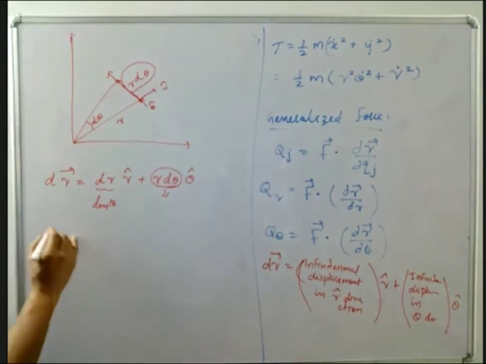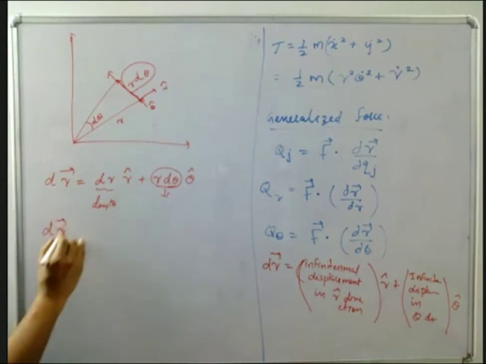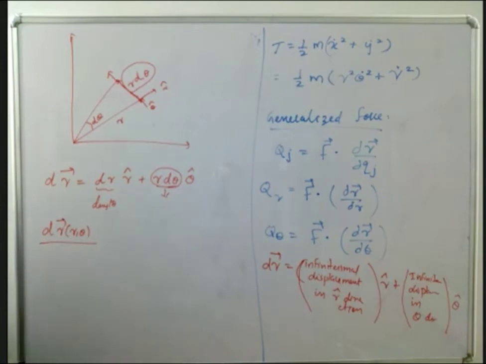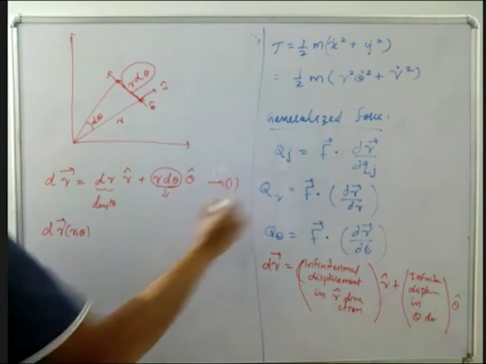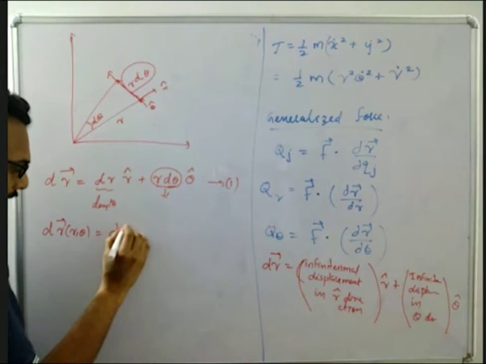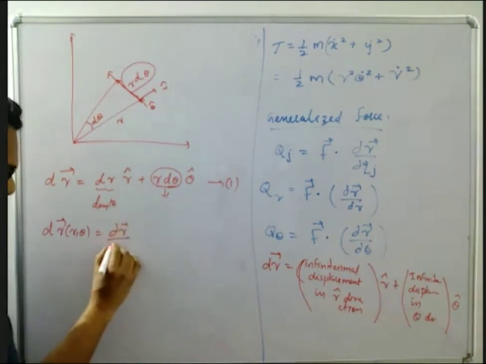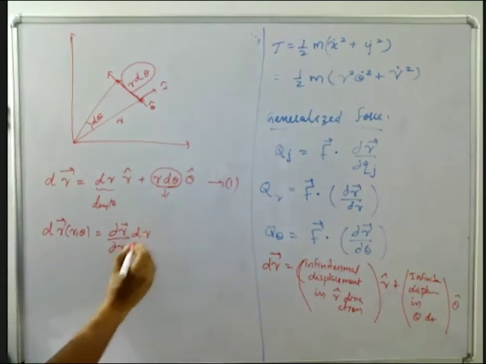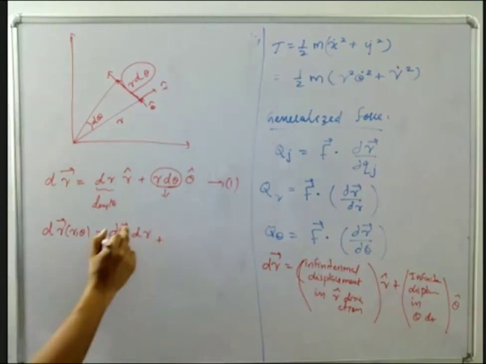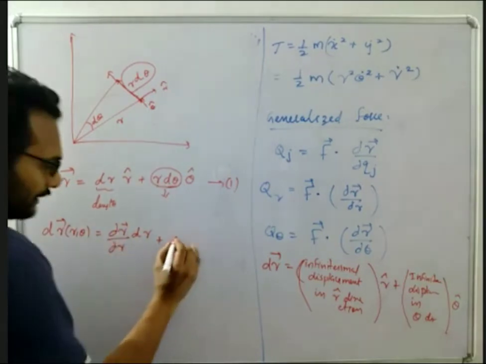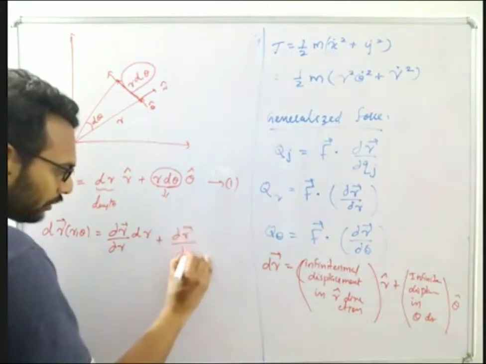Now we can also write this by the chain rule. Because r vector is a function of r and theta, we can write dr vector of r comma theta, as equation 1, as dou r vector by dou r times dr, plus, remember this is a vector and this is a scalar, so we have to be very careful about the vector sign, dou r vector by dou theta times d theta.